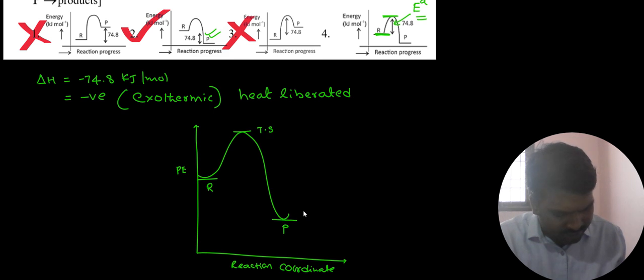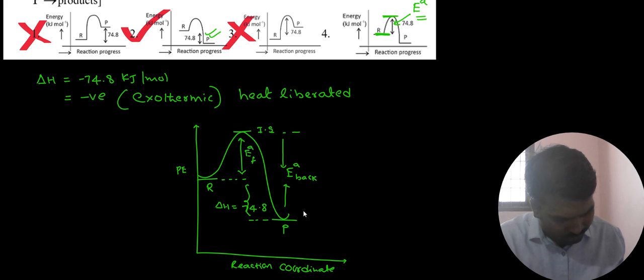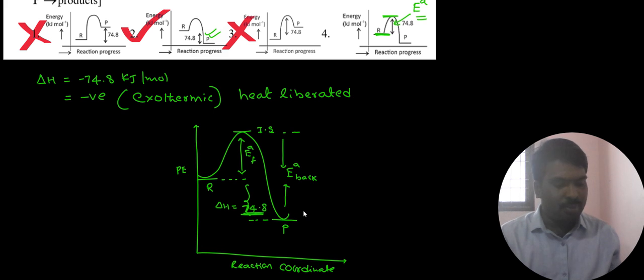This is the transition state or energy barrier, this is the activation energy forward, and this is the activation energy backward. And you know this much heat is liberated, delta H equal to 74.8. This gap indicates how much heat is liberated.